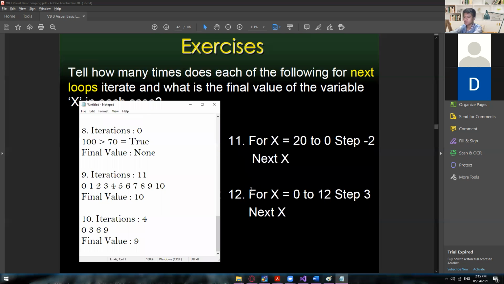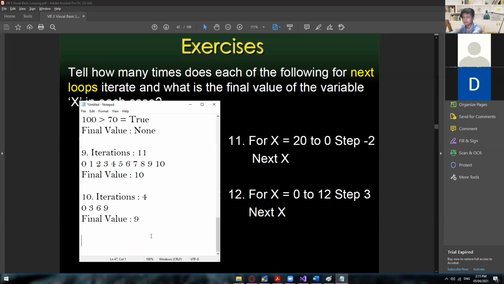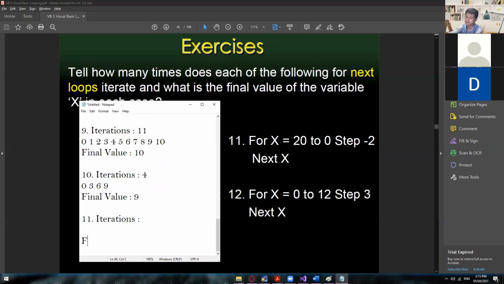So we have 2 more. Number 11. How many times will this iterate? 11, sir. So 20 is the initial value.